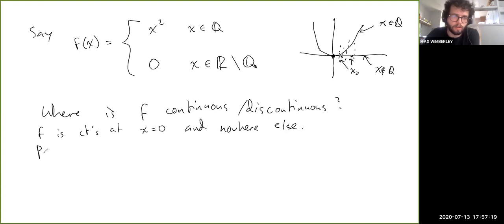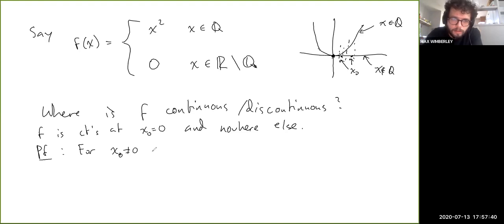So here's a sketch of a formal proof. Let's say for x not equal to 0, call it x naught.